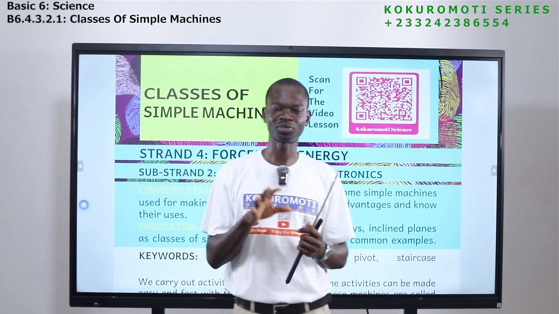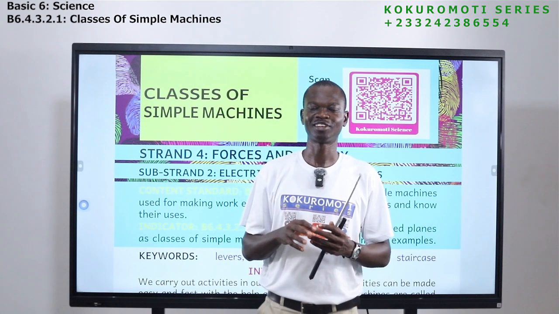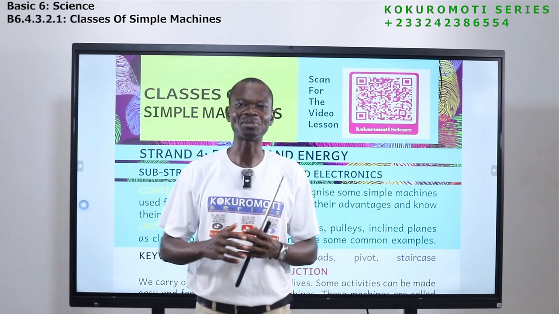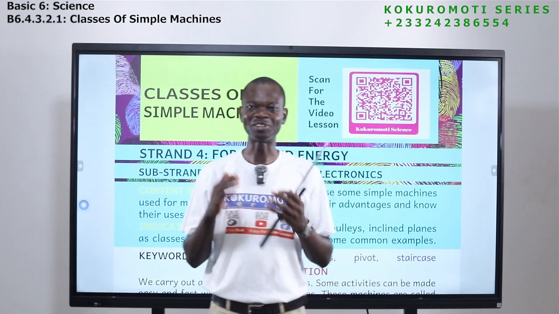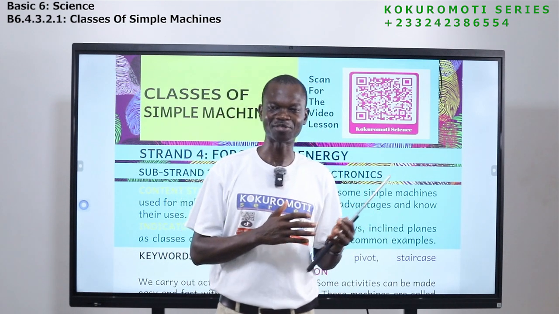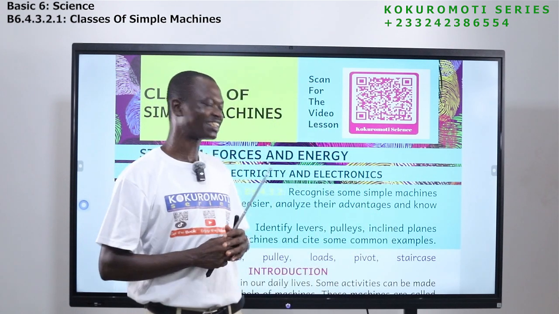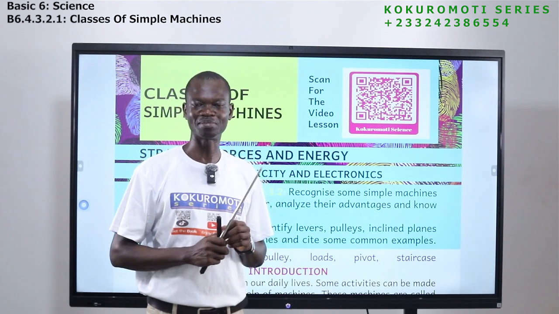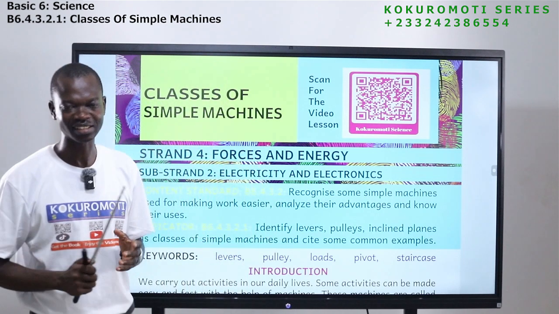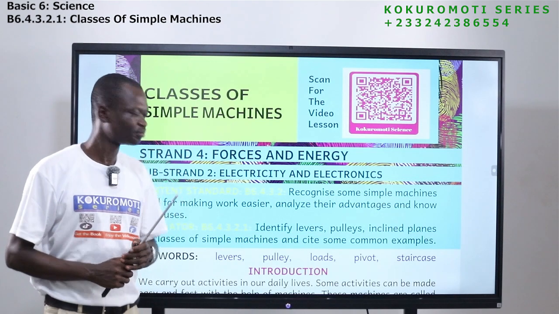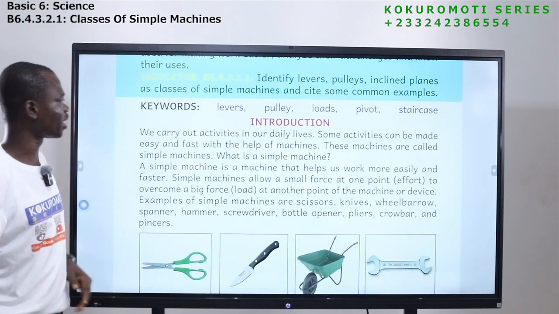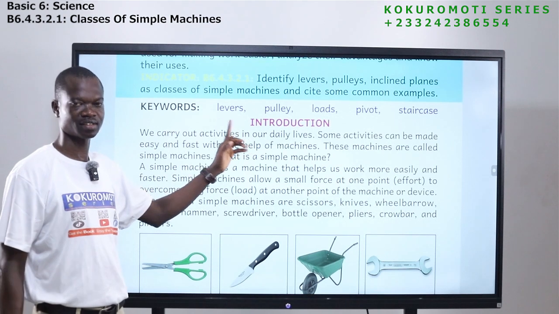I have taught you, so you should be able to tell me what a simple machine is. I know you get the answer correct for me. But let's look at the keywords. After that, we go deeper and then you understand what simple machines are and then the classes of simple machines that we have. The first keyword here is levers.